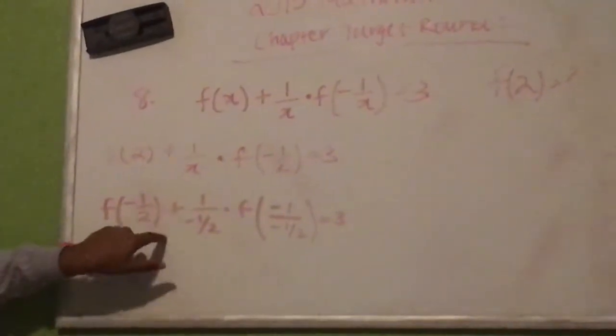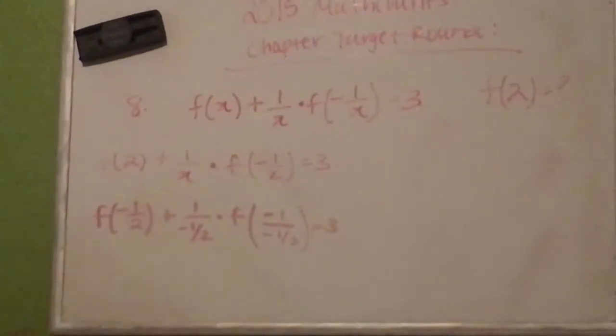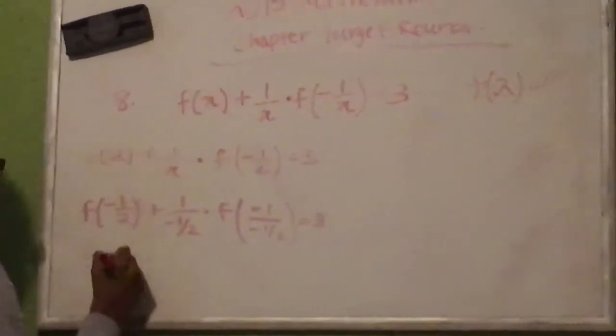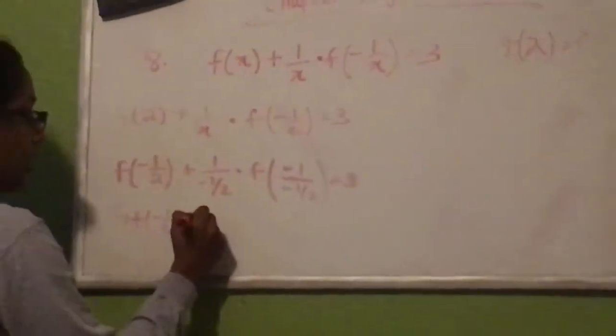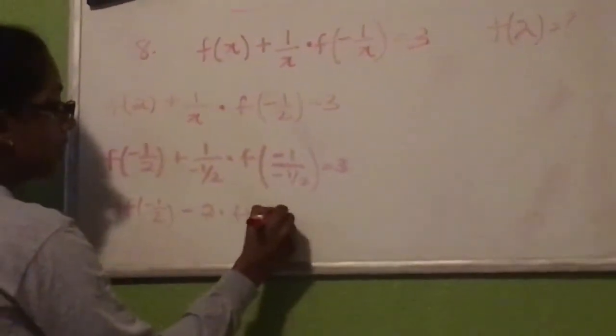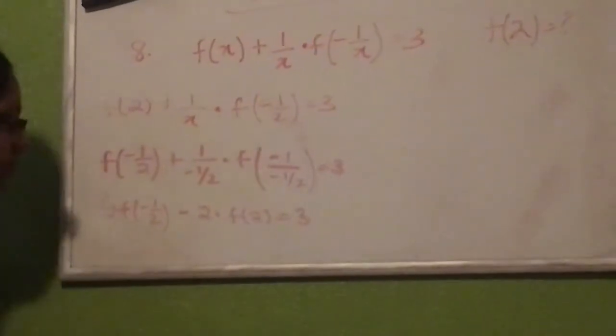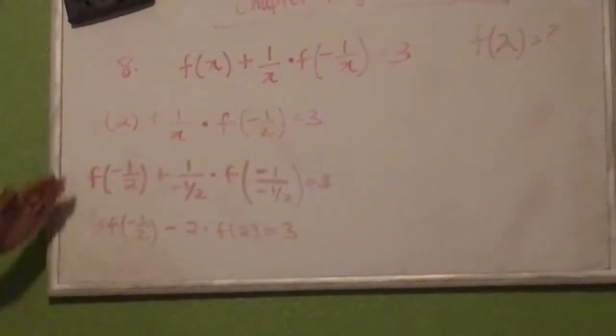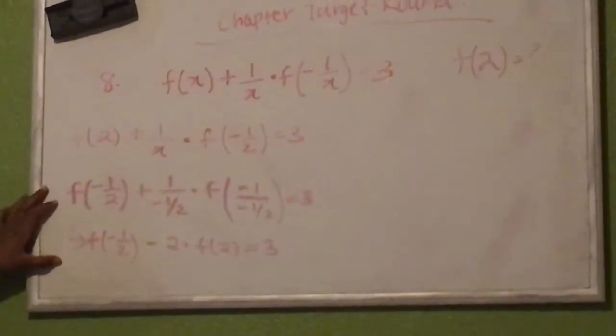The first thing I'm going to do with this second equation is to simplify it. So I get f(-1/2) minus 2 times f(2) equals 3. Okay, so I've actually simplified this.